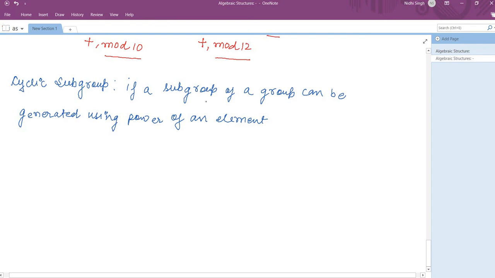So if a subgroup of a group can be generated using the power of an element, then the generated subgroup is called cyclic subgroup.